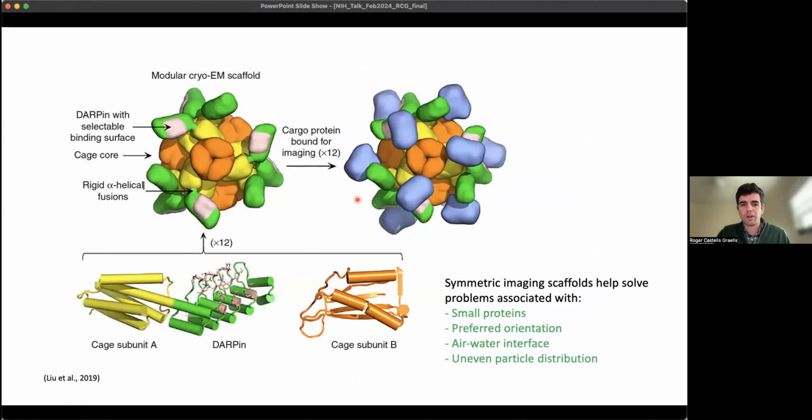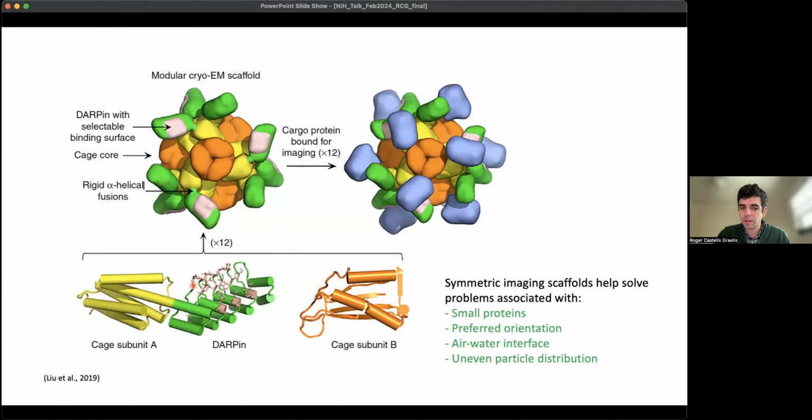So I would like to tell you a little bit about the approach that we have followed to develop this technology. So in this case, here you can see a protein cage, which is made of two components, cage subunit A in yellow and cage subunit B in orange. And we have fused to cage subunit A something called a DARPin. And DARPins, they are like antibodies. So they have these loops here that are like fingers that interact with your protein of interest.